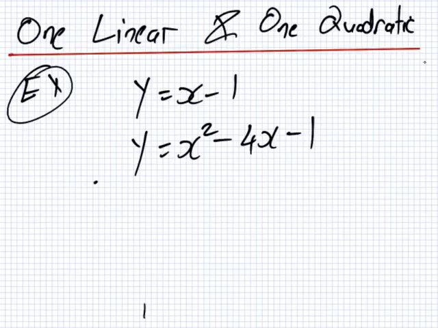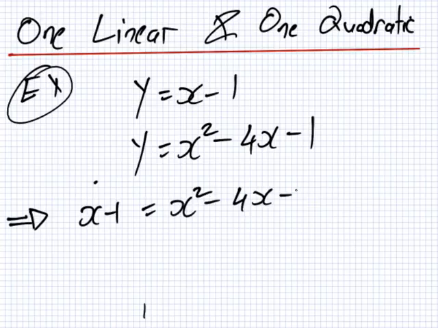So let's see how to do this. Any ideas actually on how we might be able to solve this? Y equal to y. Yeah, what method is that? Substitution, yeah. So because this is equal to y and this one is equal to y, then they're equal to each other. So that means we can say x minus 1 equals x squared minus 4x minus 1.